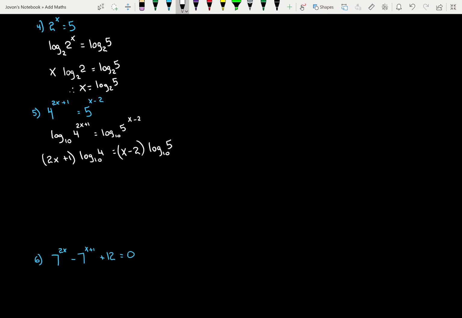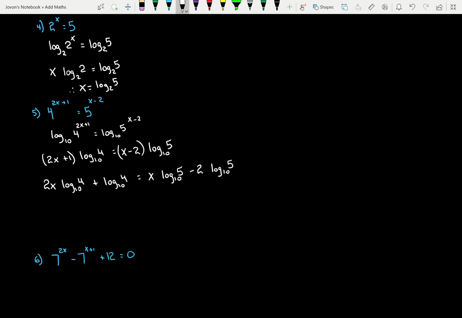Okay, what we're going to do now is expand all these brackets, so we'll get 2x log 4 base 10 plus log 4 base 10 is equal to x log 5 base 10 minus 2 log 5 to base 10.